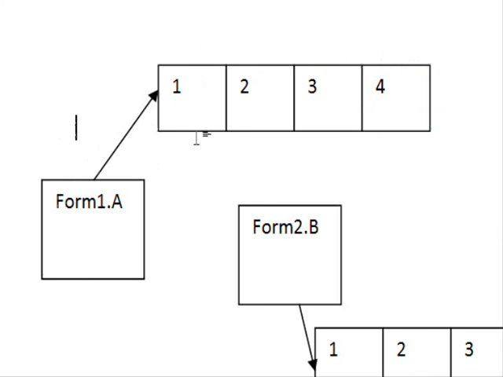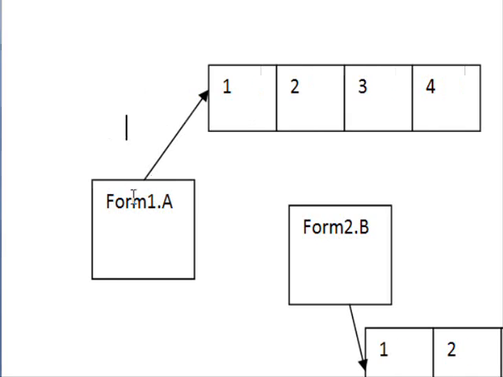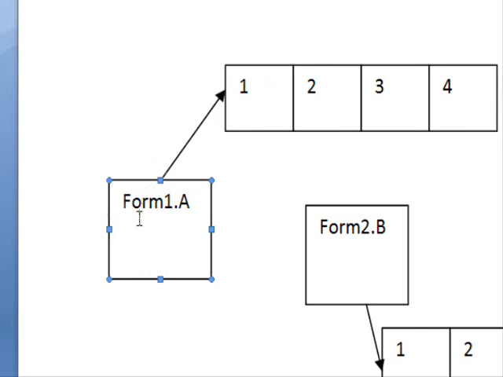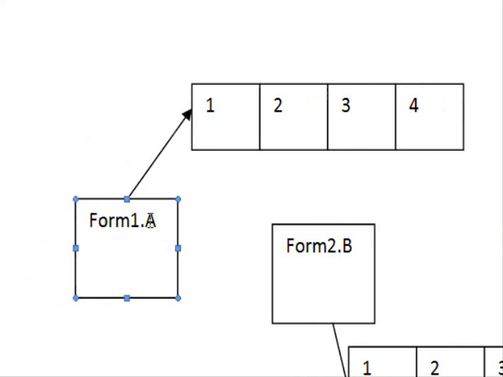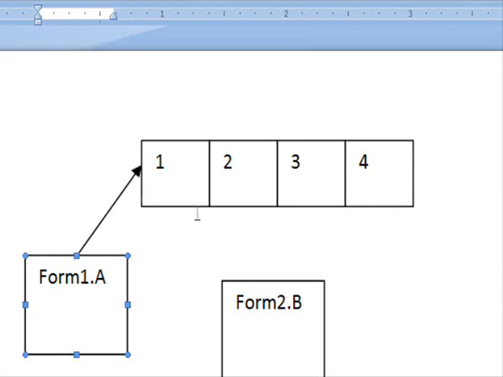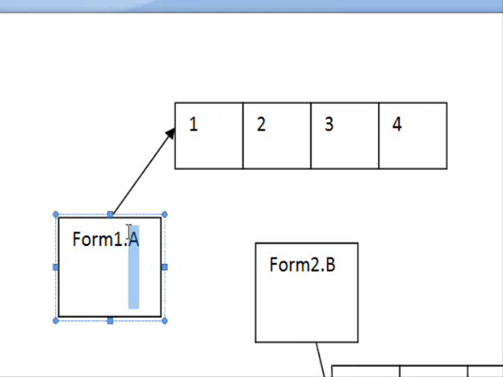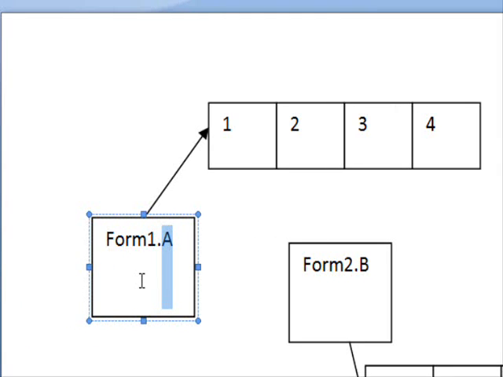So you imagine that Form 1 dot A is a collection having these numbers, and A represents the collection. Well, it's easier for you to think this way, but this is not actually true. The truth is, A is not the collection itself.